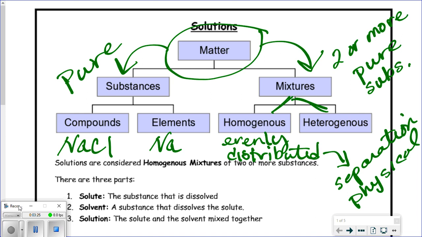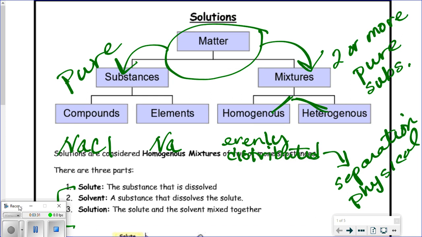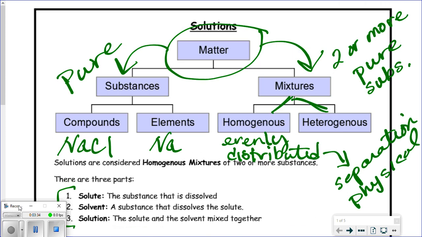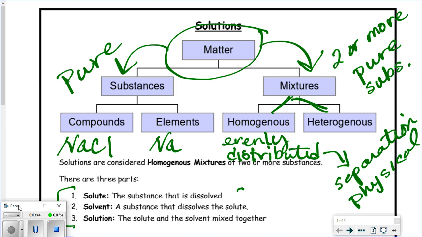So when I have a homogeneous mixture, you need to get these little terms straight here. Oops, it's not going to work the way I wanted it to. All right, so what we have here is the solute. If I had salt water, the solute would be the salt.